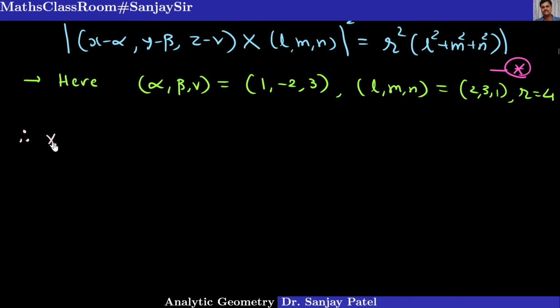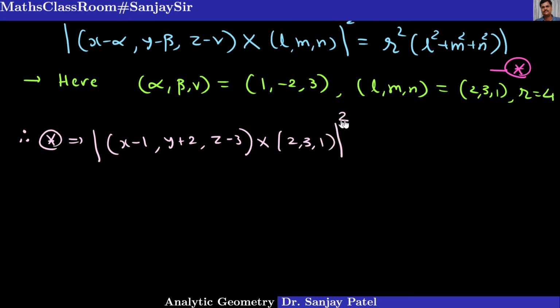from star we get mod of (x minus alpha, y minus beta, z minus gamma), that is (x minus 1, y plus 2, z minus 3), cross (2, 3, 1), this square is equal to r square, that is 4 square, into (l square plus m square plus n square).